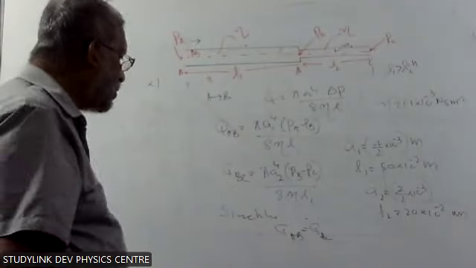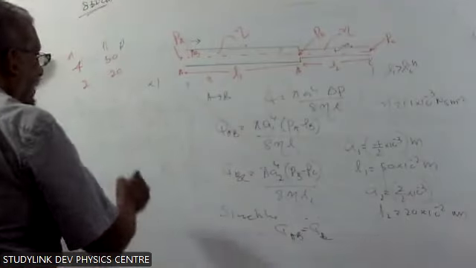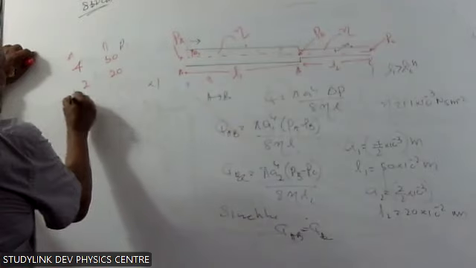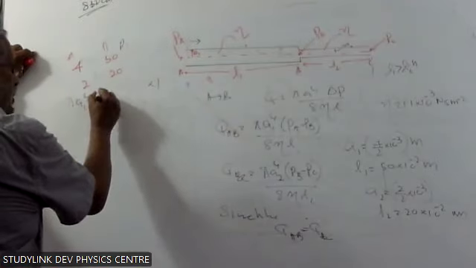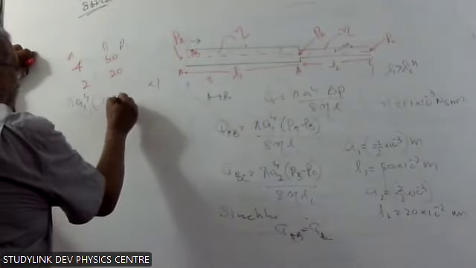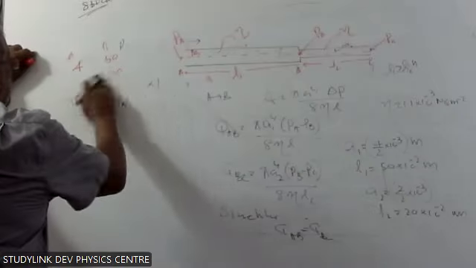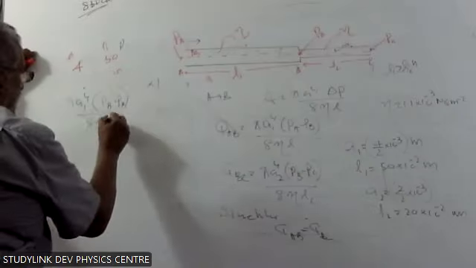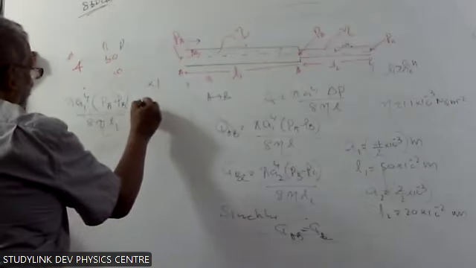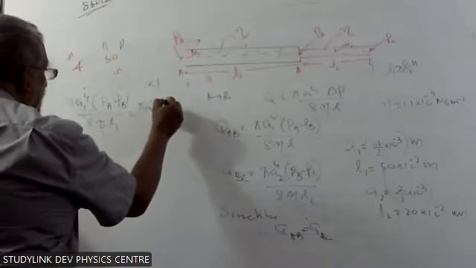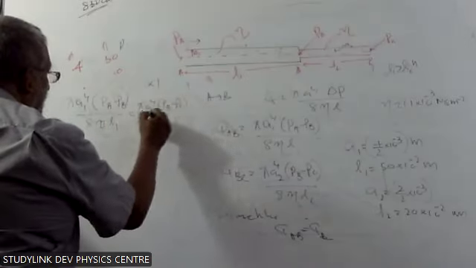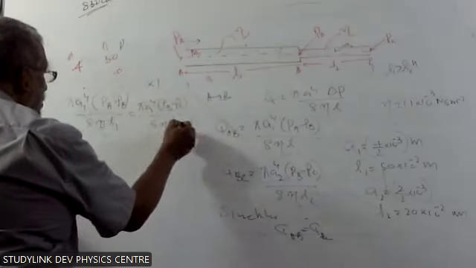When you equate these two, you get the equation as pi a to the power 4, but those values are substituted with PC, PB, 8 eta L1 is equal to pi a to the power 2 (PB minus PC) divided by 8 eta L2.